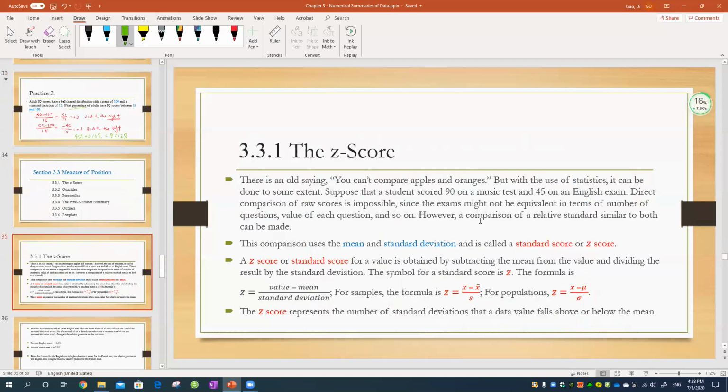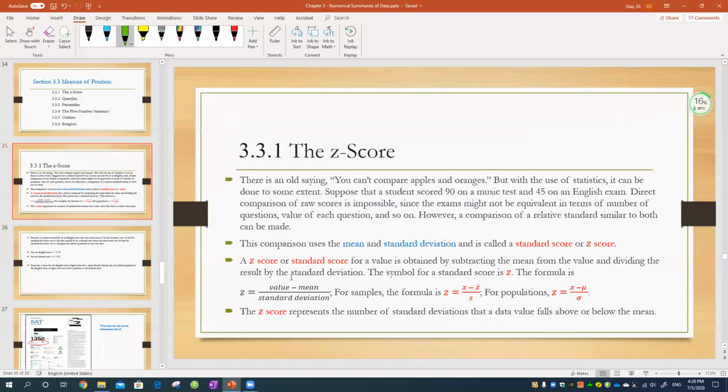So a comparison of relative standing is the z-score, and we're going to use the mean and standard deviation with a proper calculation. A z-score or standard score for a value is obtained by subtracting the mean from the value and dividing the result by the standard deviation.